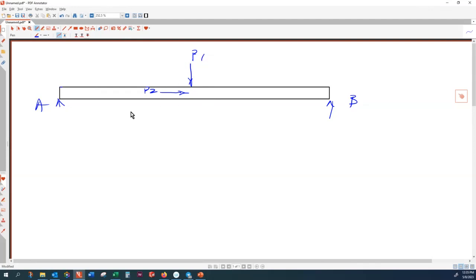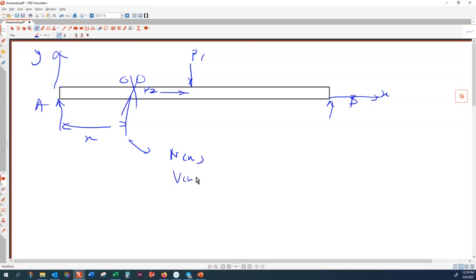So this beam, with the coordinate system being selected here, has three internal forces. If I make a section at an arbitrary section measured from here, X, the internal forces are N of X, V of X, and M of X.